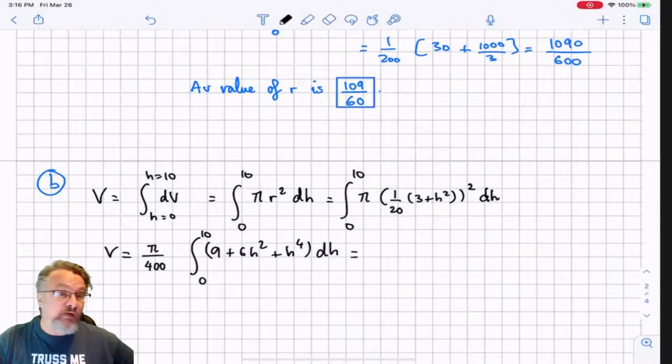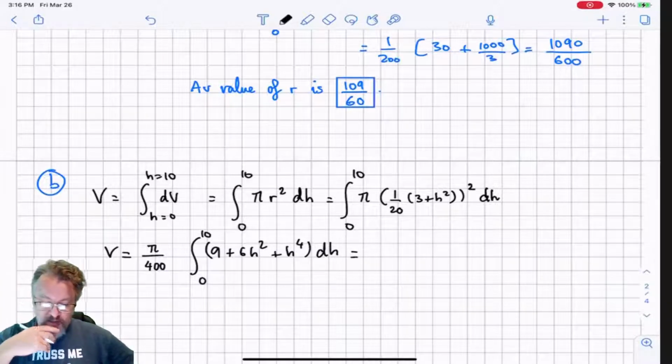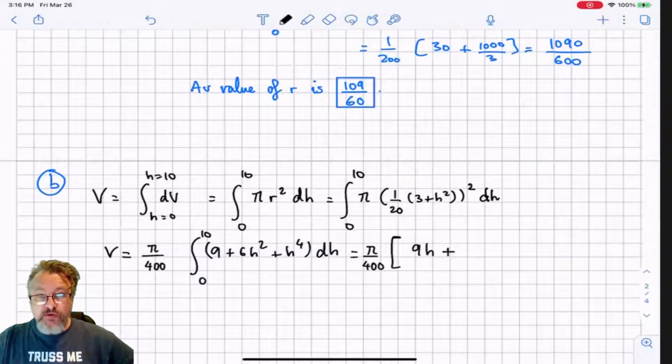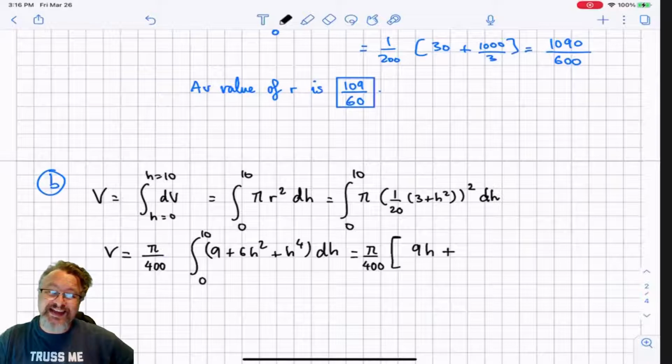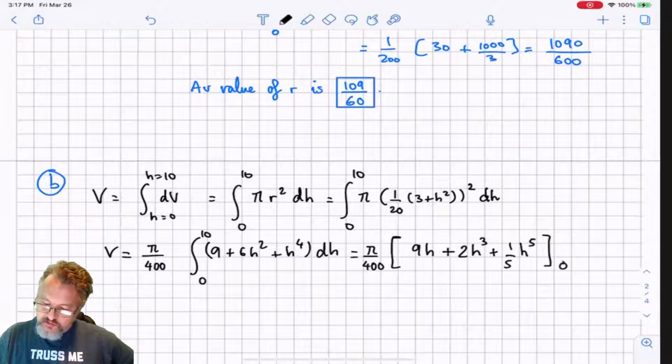We just need to do it, you guys. That's pretty much it. So we're going to have pi over 400 times 9h right here, plus the integral of h squared is h cubed over 3, so 6h cubed over 3, so 2h cubed, and 1 over 5 h to the 5th power, between 0 and 10.